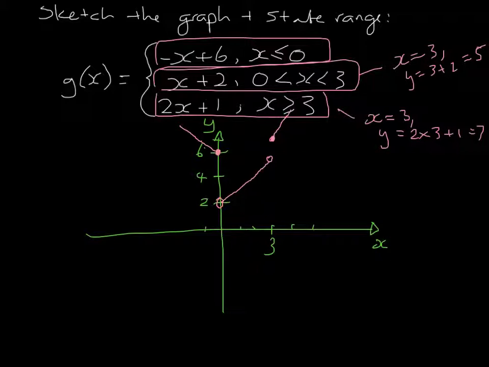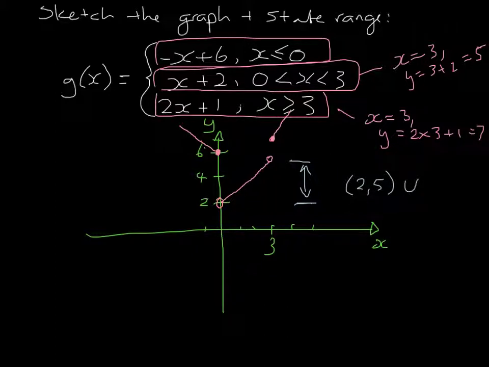Let's move on. Oh, we have to state the range of this one, don't we? So the range is going to be signified by, firstly, this bit here. It doesn't touch either end of that. So that's going to be 2 to 5.